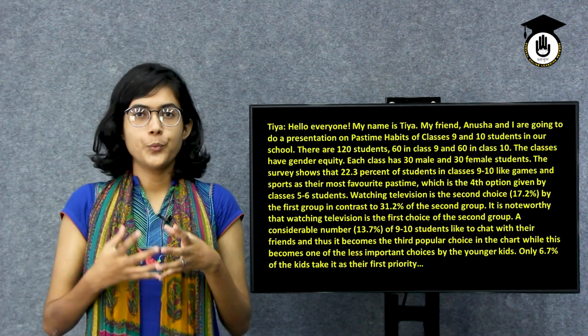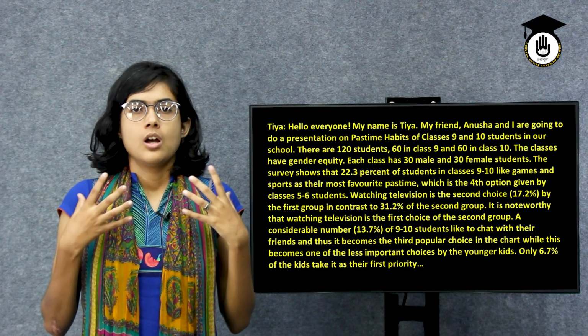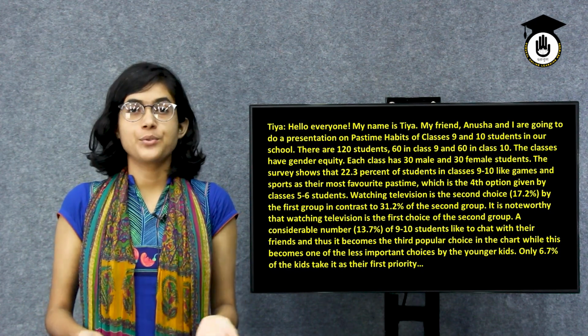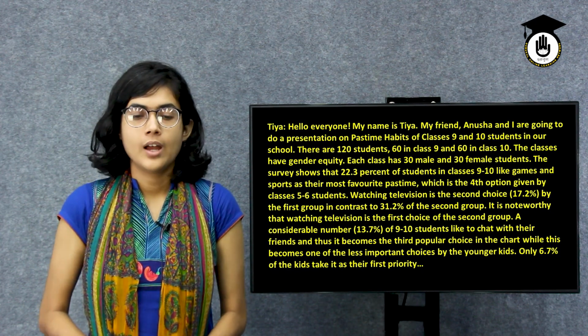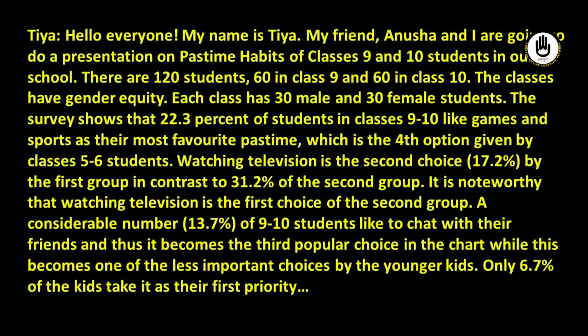So this is Tia, who is describing this graph. Hello everyone, my name is Tia. My friend Anusha and I are going to do a presentation on pastime habits of class 9 and 10 students in our school. There are 120 students, 60 in class 9 and 60 in class 10.